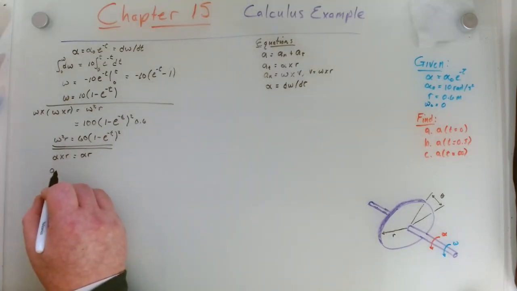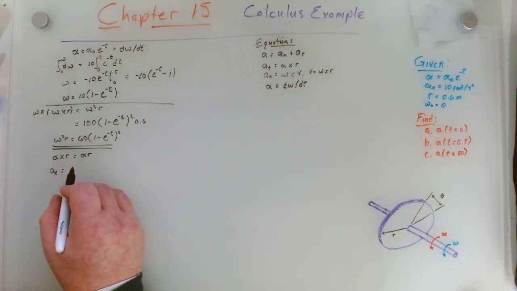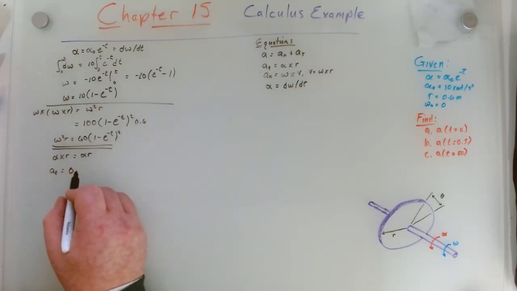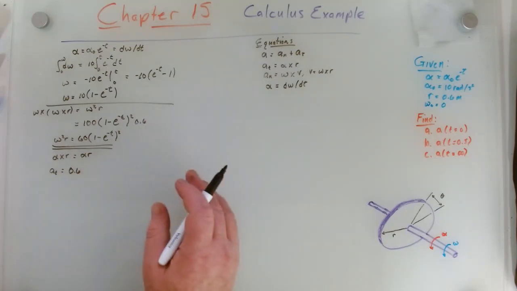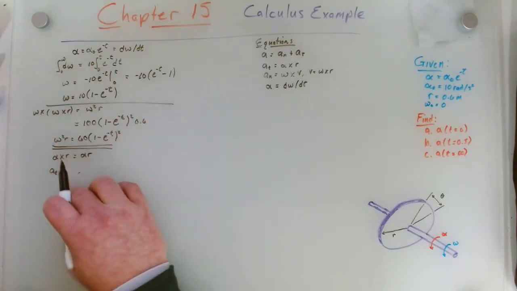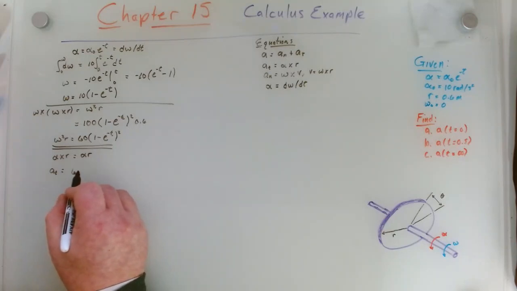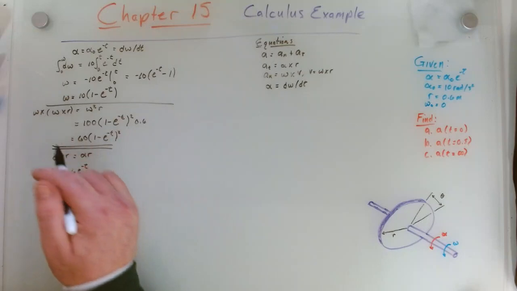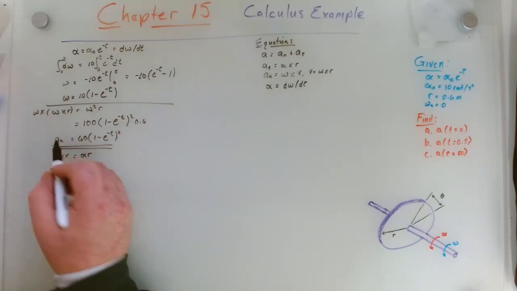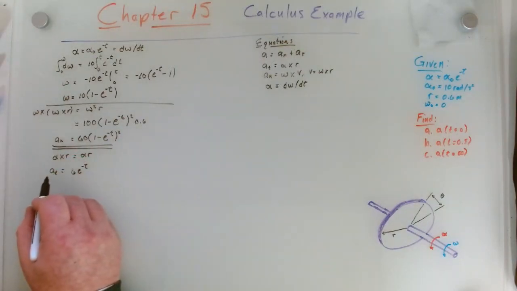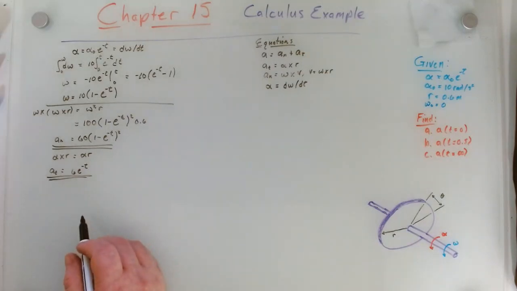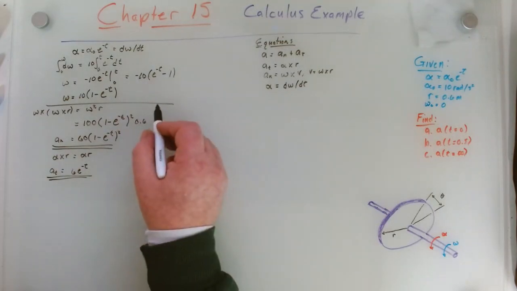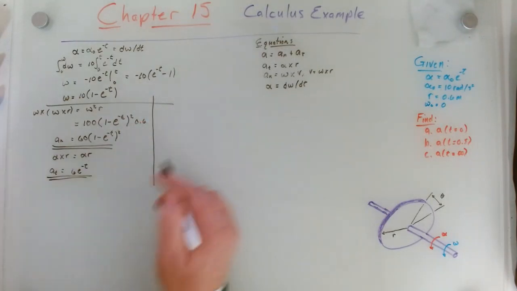So a sub t is equal to 0.6 times 10, sorry, times 10 is 6, so 6 e to the minus t. And the other one is a sub n. Okay, all right, so now we have equations. And for each of these, we need to consider it. Okay, so these are our equations.